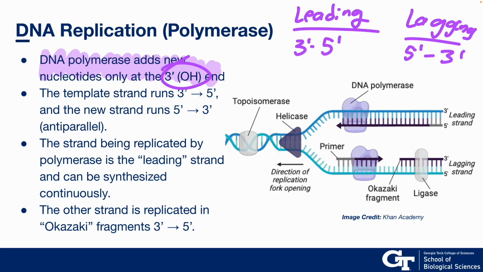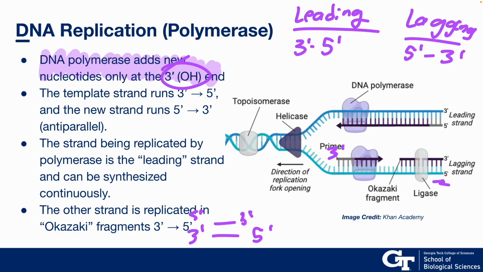No. So what ends up happening is we have a bunch of little primers coming in, and the primers have a 3' end on them, right? Because if we're going from 3' to 5', obviously what would end up happening is that we get a 3' to 5' primer. And so polymerase is going to bind to the 3' end of that primer, and it's going to synthesize a short fragment.